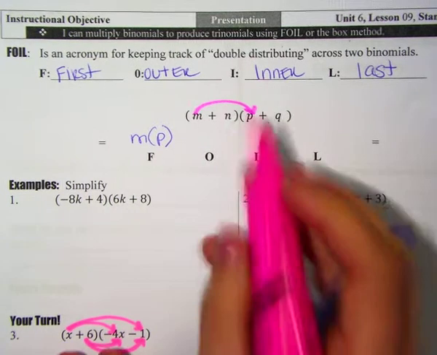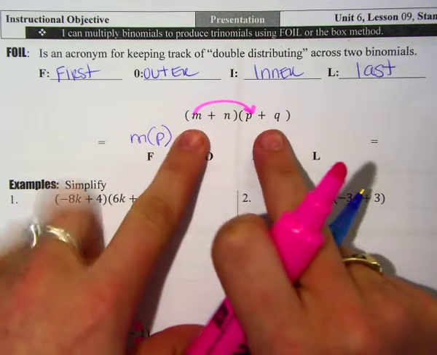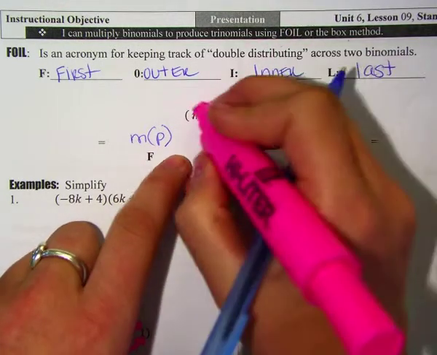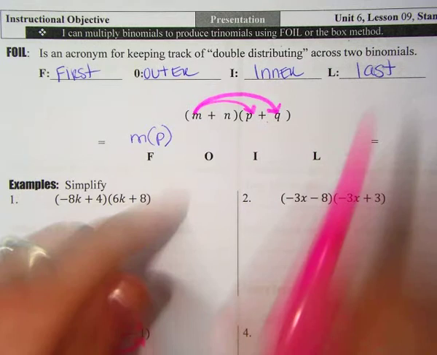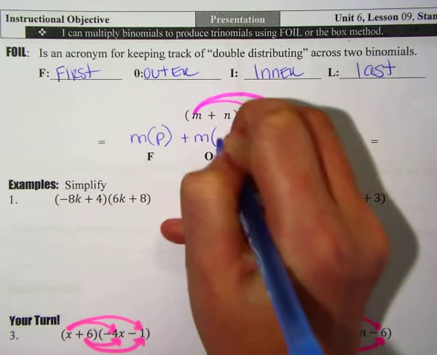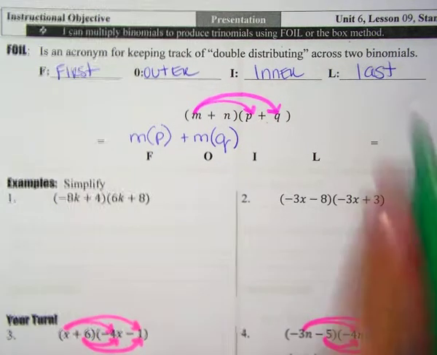Then O refers to outer terms. The outer terms, the M and the Q, are the outermost terms. So it's going to be M times Q. This is going to be a positive M times a positive Q. Inner refers to the inside.